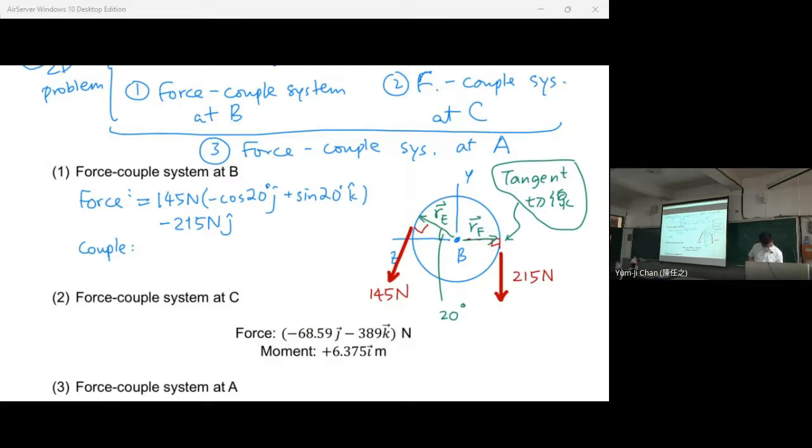And what's the radius? Oh, the diameter is 150 millimeters. So this one is 150 millimeters. Okay.